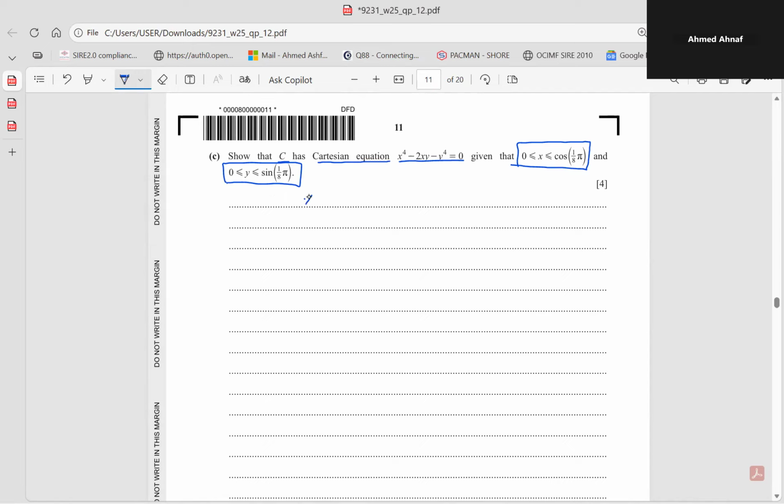First, x squared plus y squared equals r squared. And x is r cosine theta, and y is r sine theta.